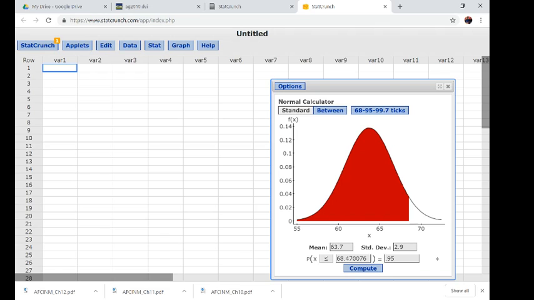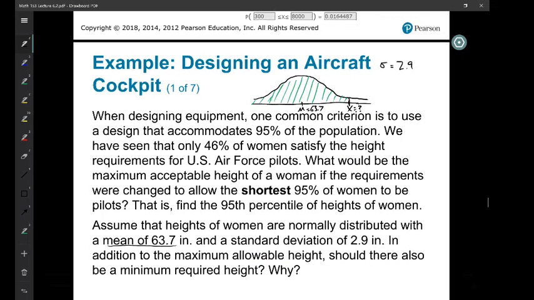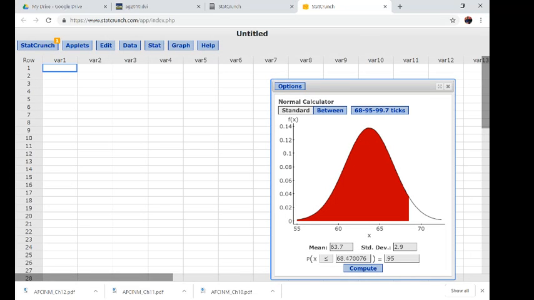Any woman taller than that would be in the 96th or 97th, 98th, 99th, etc. So 68.47. And let's make a note, this area here, 95% turns into an area of 0.95, and we found the corresponding x score was 68.47.